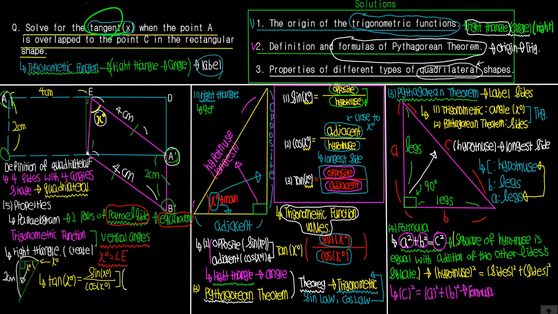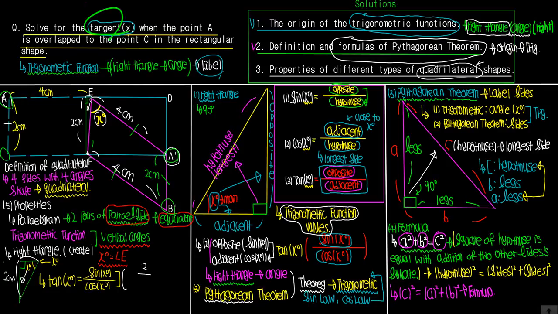The reason is that the opposite side is parallel to A and B, so it will be 2 centimeters as well. So it will be 2 over our cosine of x.